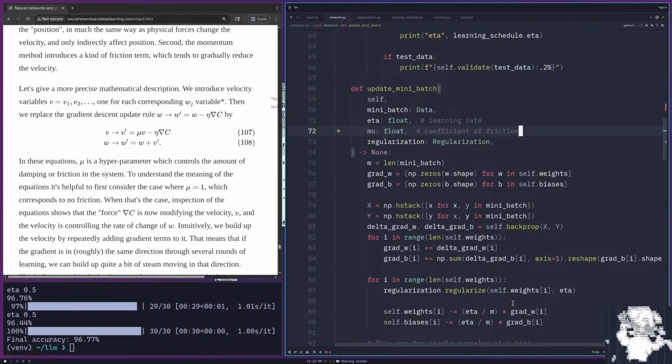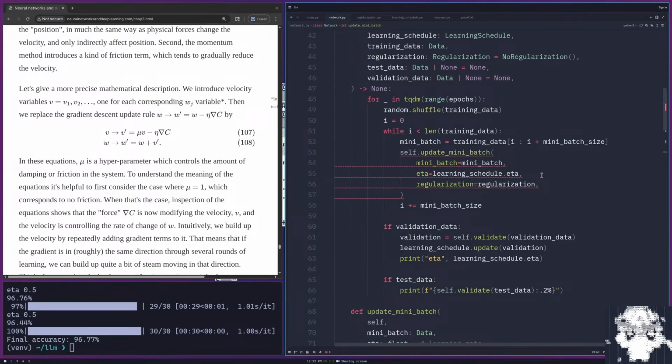So that would mean right over here... How do I say this? I guess I don't know when the velocity resets. Does it reset after the end of the mini batch, or does it persist forever? Let's say it persists forever.